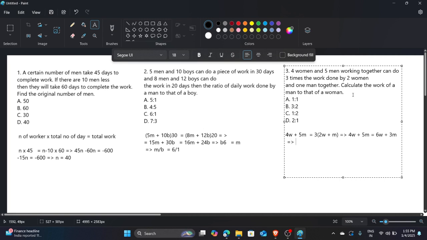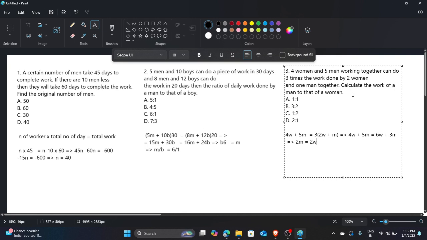Then we simplify by changing the sides. You can see that the men are on the left side and women are on the right side. So 5 minus 3, so 2m, and 4w and 6w, so it is 2 women. So the answer is 1:1, because man and woman both are equally efficient.